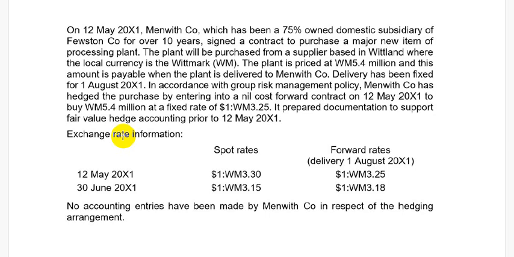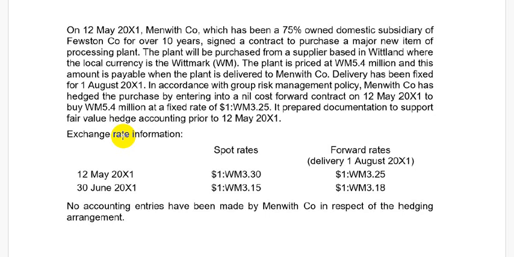It prepared documentation to support fair value hedge accounting prior to 12th May 20X1. Then you are given the exchange rates at the various dates. You are given the spot rates and the forward rates. No accounting entries have been made by MCOR in respect of the hedging arrangement.